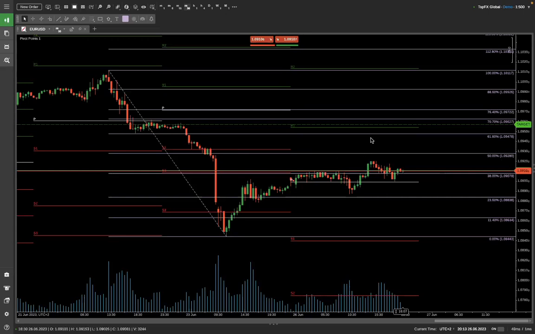And sometimes, for example, the 61% Fibonacci retracement and the R1 level, this little zone here, might be very interesting from the trading and analysis point of view.